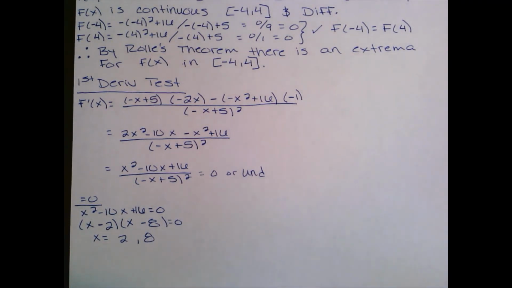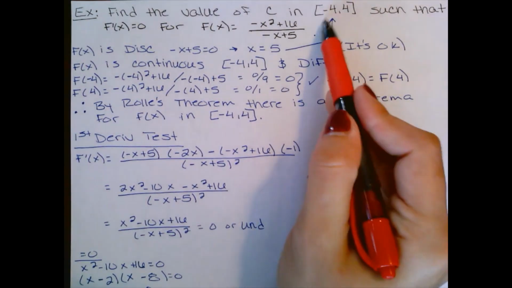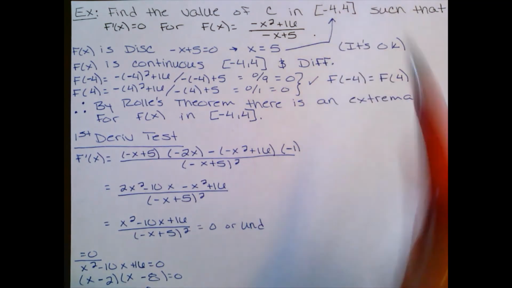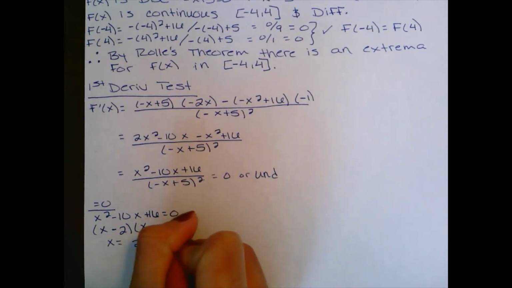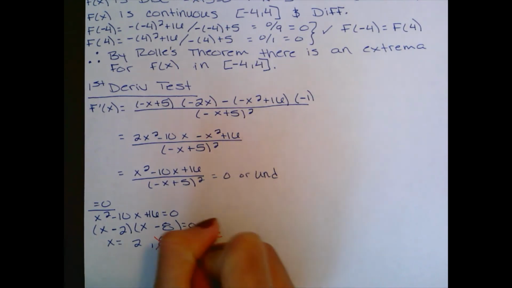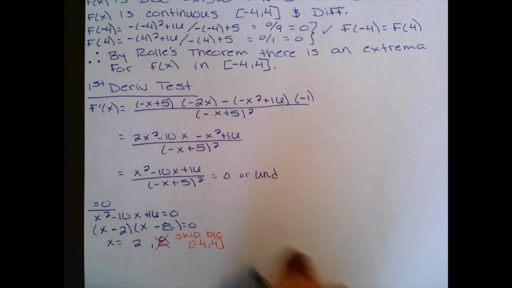Now from those two, I remember I need to go back and look at what my interval was. My interval is from negative 4 to 4. Okay? 2 fits in between there, but 8 does not. So we're going to skip this one because of the interval being from negative 4 to 4. And right now we're only going to take this one.